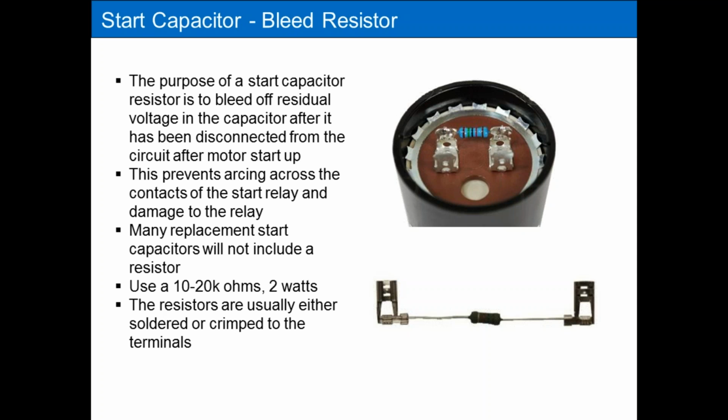You want to use the bleed resistor to bleed the energy away from the capacitor every time that unit starts up. Without a bleed resistor, you'll get a little bit of arcing across the terminals of that relay, causing the terminals to burn out before it's time.